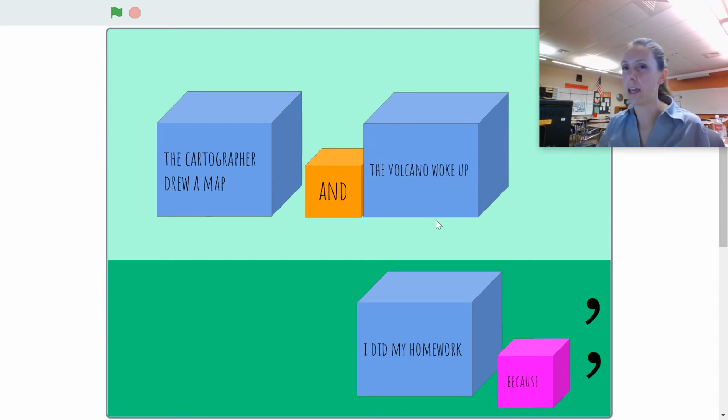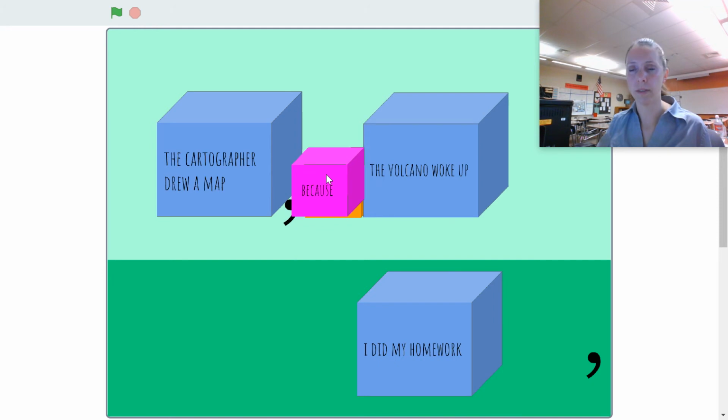When we're using a fanboy to separate two independent clauses, we need our comma here because it's still separating two independent clauses. This doesn't change it to something else. So, one more time, the reason I made you memorize the fanboys is because only when you use a fanboy to separate your clauses do you need a comma in between the two.